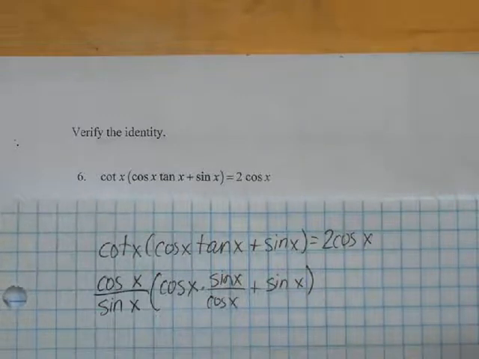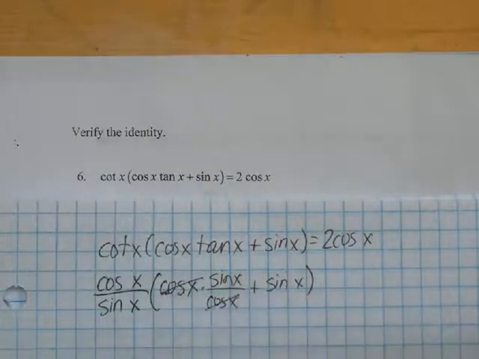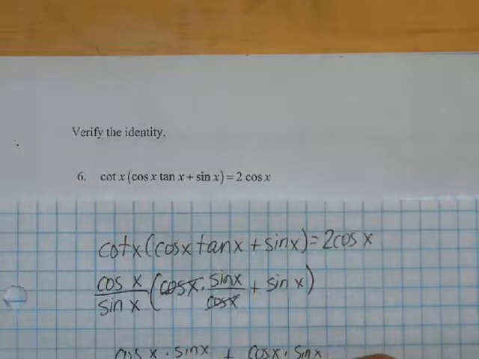Okay. So notice here we can just simplify that as sine x. So we get cosine x times sine x over sine x plus cosine x times sine x over sine x.